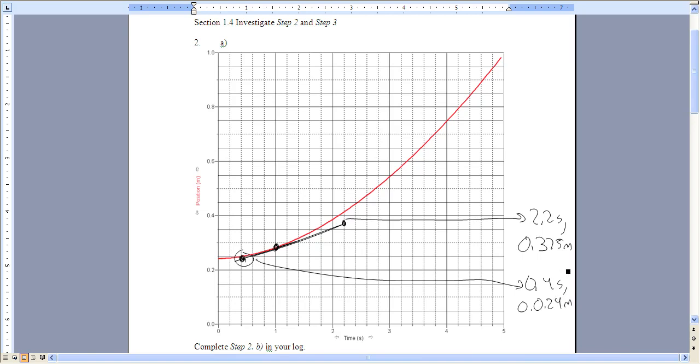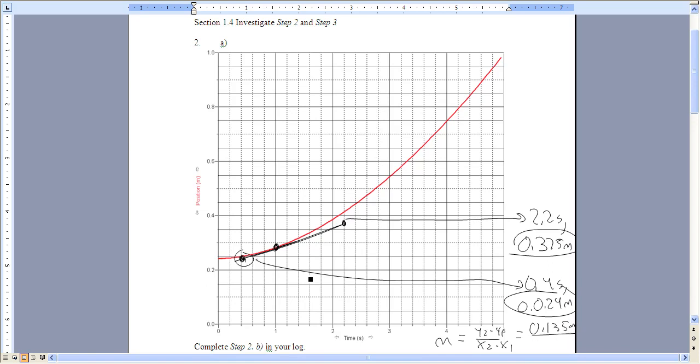right? Okay, so then the slope, m, is equal to y2 minus y1 over x2 minus x1. Well, y2 and y1 are these, 0.375, 0.24, so I'll subtract those, and I'll get 0.135 meters.